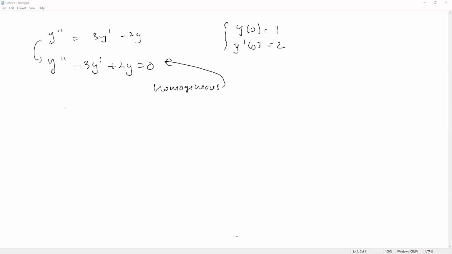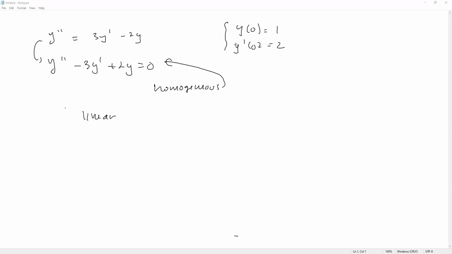Okay. Now, in this case, all of them are linear because none of them is multiplied or raised to any power. It's linear because all of the y's here are not multiplied, and they're not raised to any power.